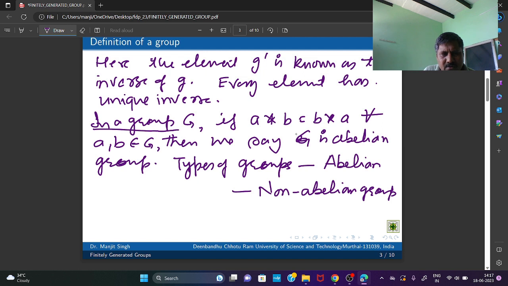There is also another kind of classification: finite or infinite groups.